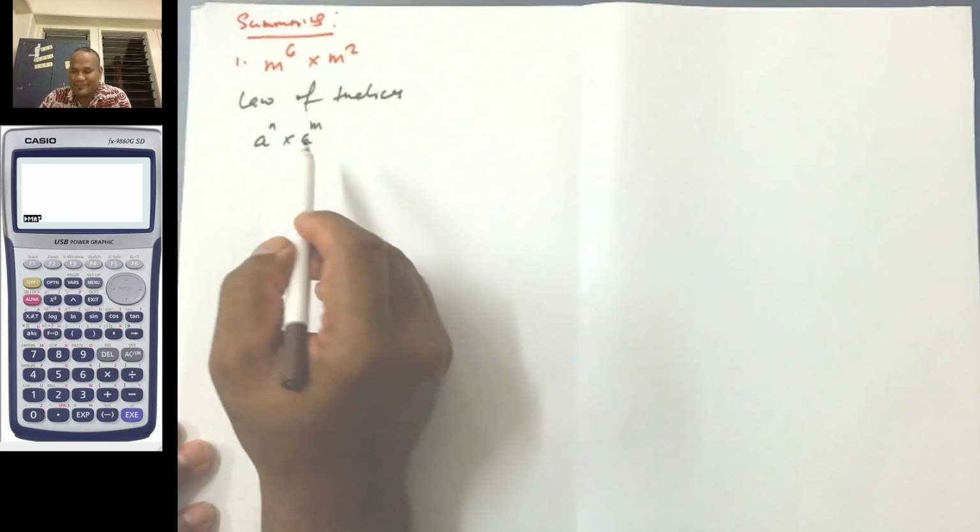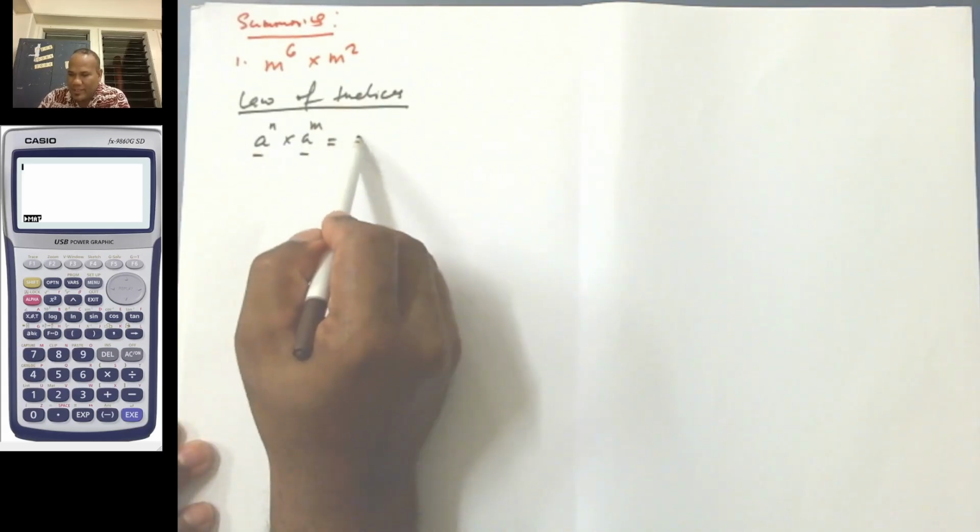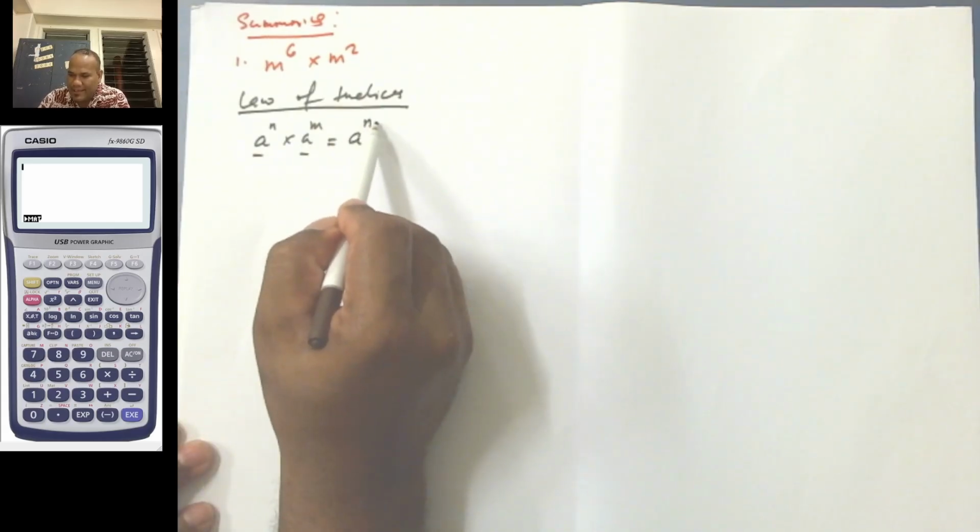It's a dummy variable, we can change it anytime we like. According to the law, a to the power of n times a to the power of m, since they have the same base, we add the powers, n plus m.